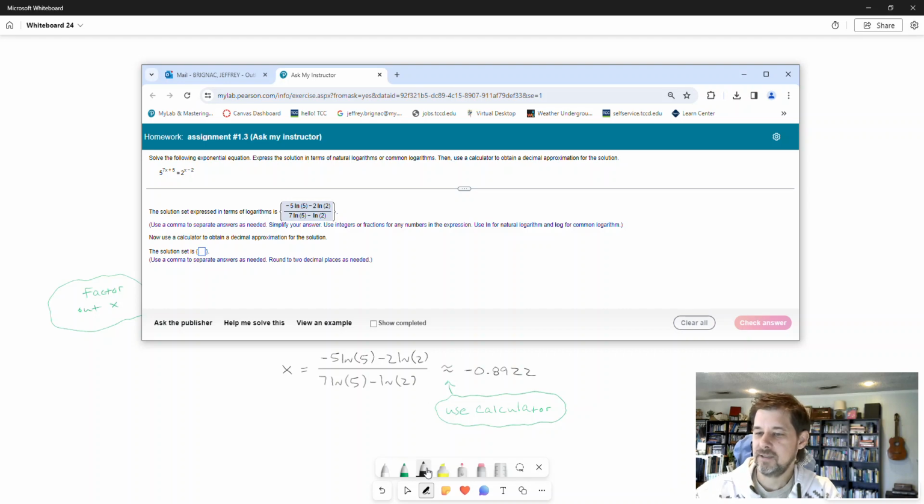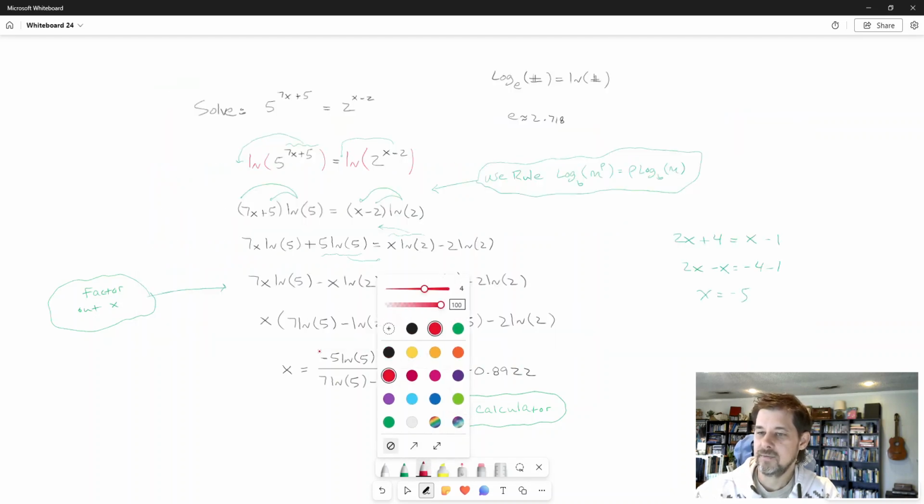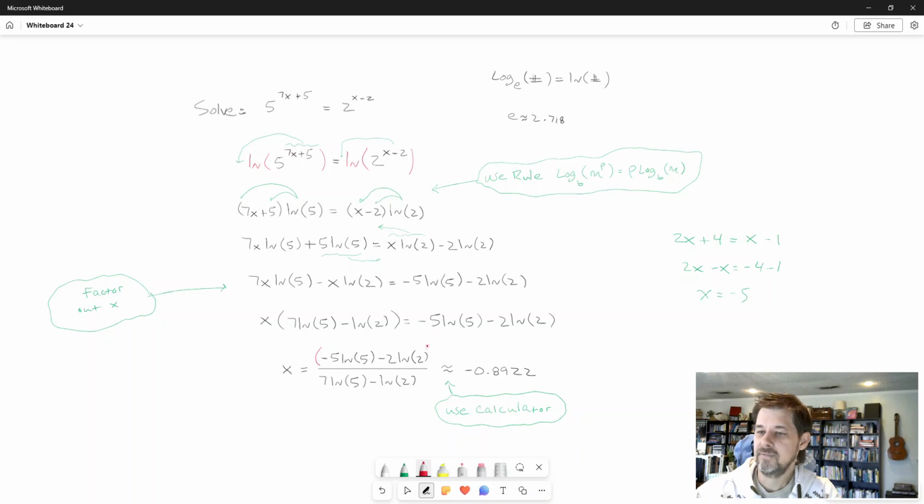One bit of advice I can give you is, if your calculator is not giving you the correct decimal when you have all this correct, it's probably because you need some parentheses like that. So you would do this: parentheses, type in all that stuff on top, close parentheses, division, parentheses, type in all the stuff on bottom, close parentheses, press enter. You're probably just missing the parentheses.